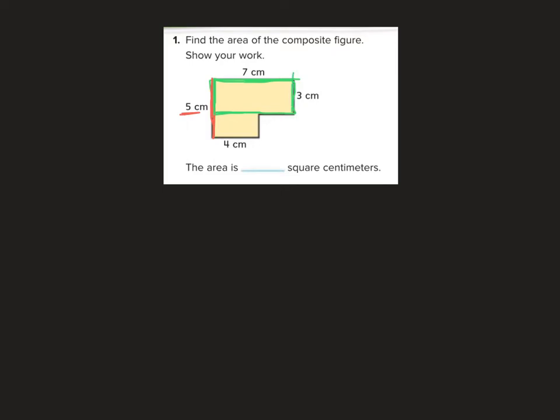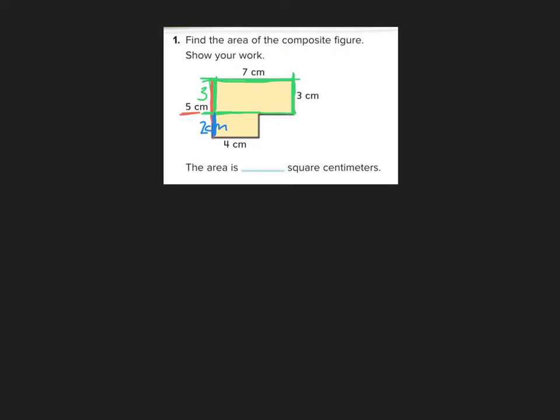We can notice that by looking at the other side. So from here to here is 3. So we should be able to figure out this leftover bit, right? So this 3 plus this blue part equals 5, so that means this little blue part is 2 centimeters, right?